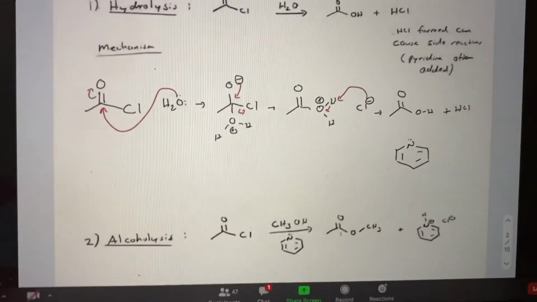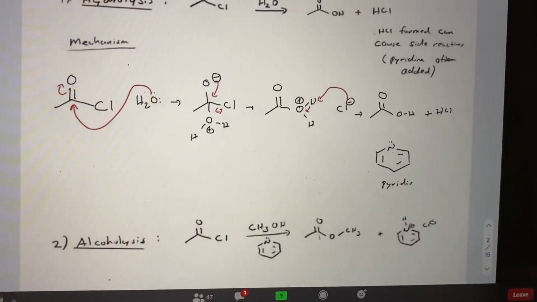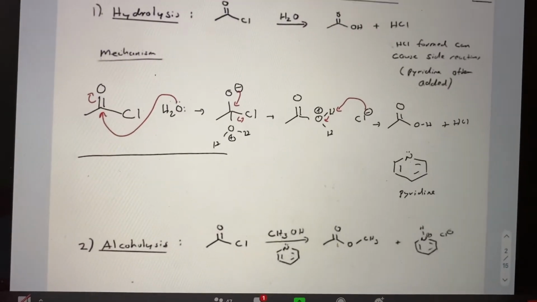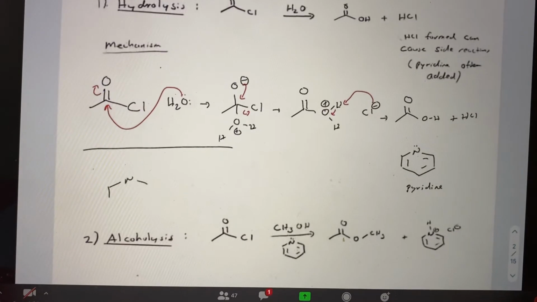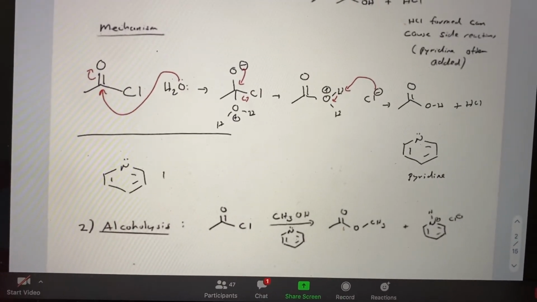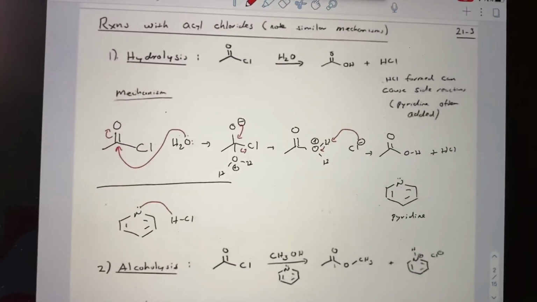So this is pyridine. And what this will end up doing is it's going to react with the HCl. So let's put this down below here. So pyridine with HCl is going to react in an acid-base reaction.